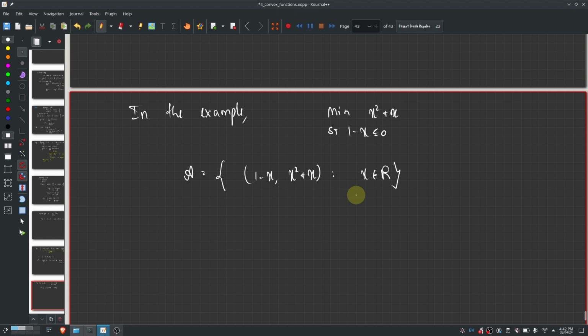This is some set. X is in R, right? So A is a subset of R2. What would this look like? What would the set A look like? The y coordinate, why should that be positive?